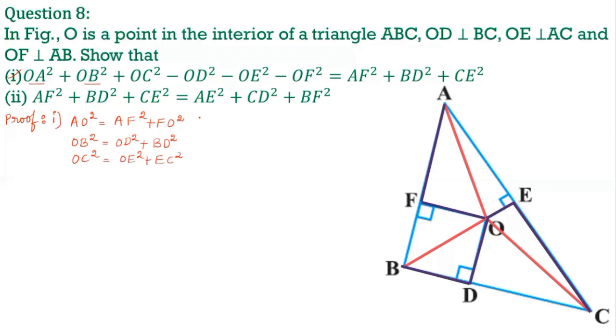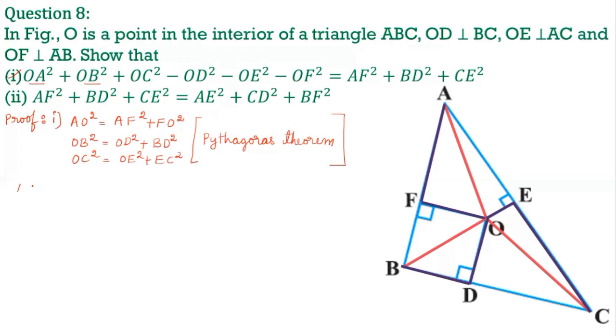So we applied Pythagoras theorem to triangle AFO, triangle ODB, and triangle OEC. From this we got the terms of equation 1 that we have to prove. On the left side we need AO square, OB square plus OC square.